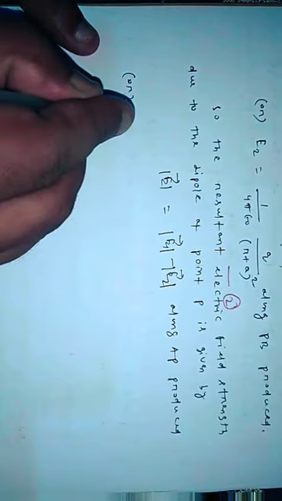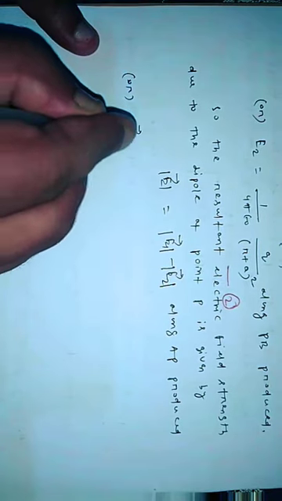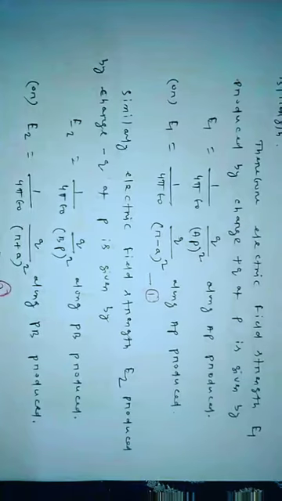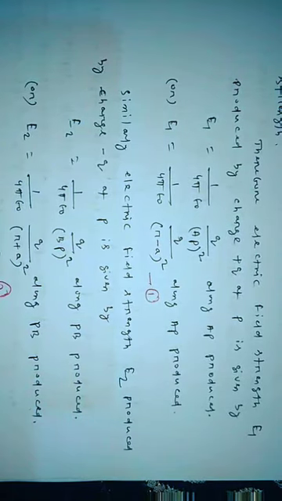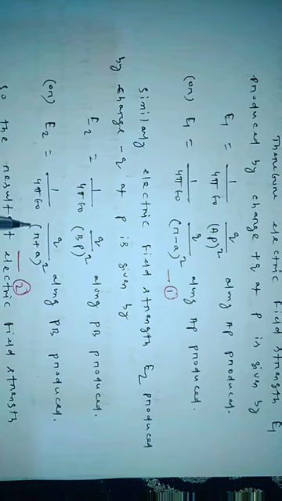Or E equals E1 minus E2, where E1 equals 1 by 4 pi epsilon 0 into q by R minus A whole square, and E2 equals 1 by 4 pi epsilon 0 into q by R plus A whole square. Give it equation 3.